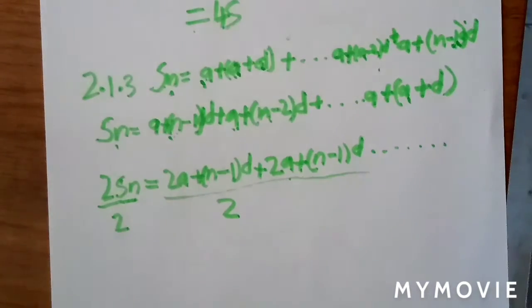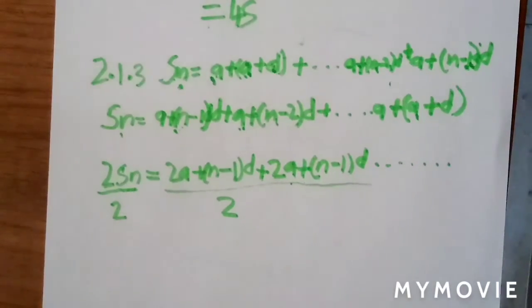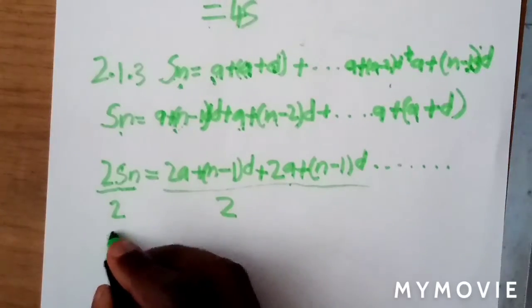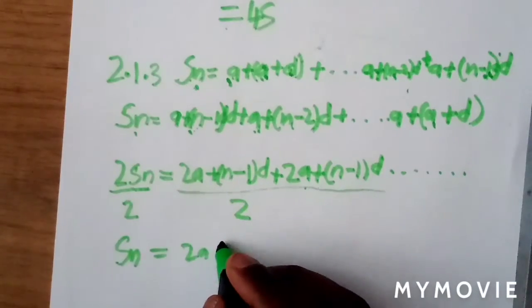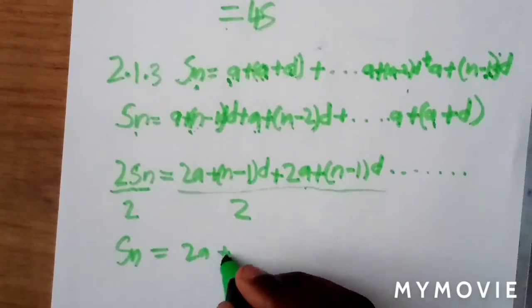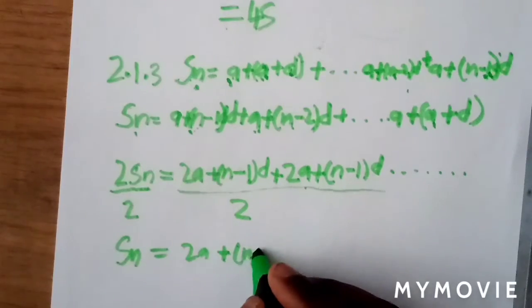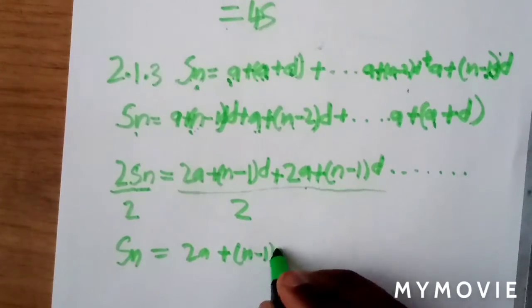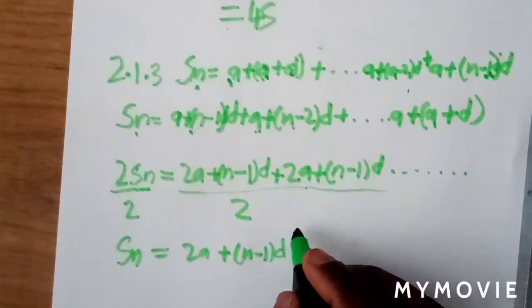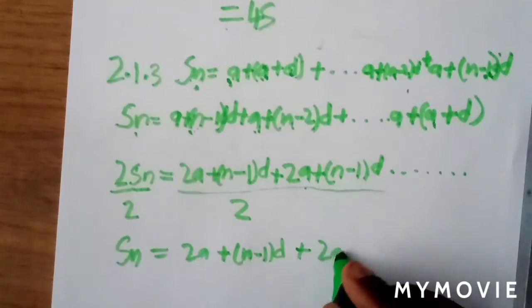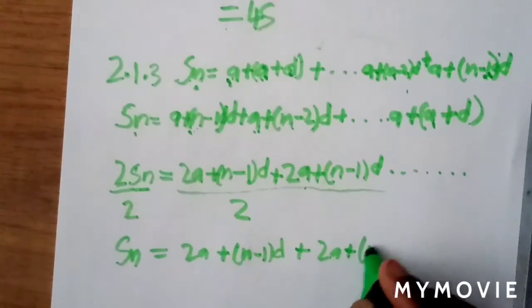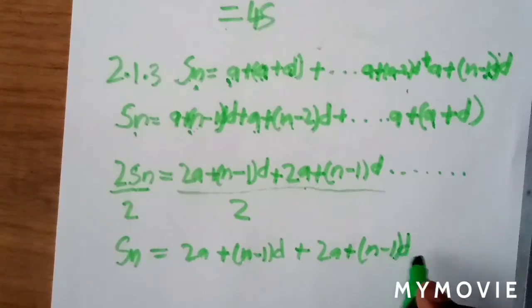Okay, when you divide by 2, you get Sn equal to 2a plus n minus 1 into d.